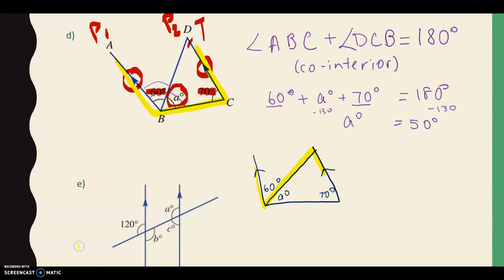And alternate angles in parallel lines are really cool because they're on either side of the transversal. So here we've got this angle, angle 60, is going to be equal to this angle, and that's an alternate angle.